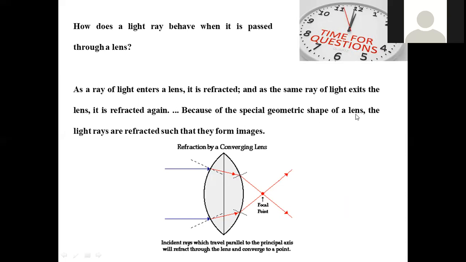Because of the special geometric shape of the lens, the light rays are refracted in such a way that they converge at the point called the focal point, and at that position you will get the image of that particular light ray which originated from the source. Here you can observe an image of the corresponding light ray coming from the source. This is the consequence of light passing through the lens.